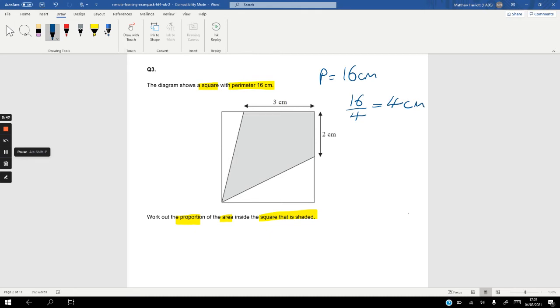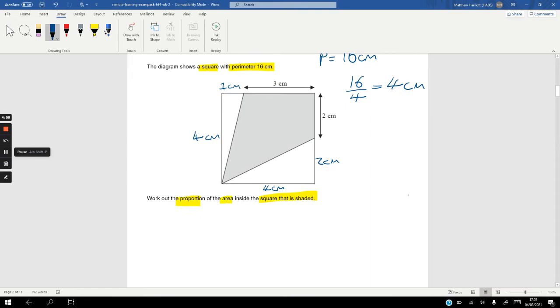I can then label all the missing sides on my diagram. 4 centimeters, 4 centimeters, 2 centimeters, 1 centimeter. That's because I know that all of the side lengths are 4 centimeters. Now, I want to find the area of the shape that's shaded, but this is obviously quite a complicated shape.